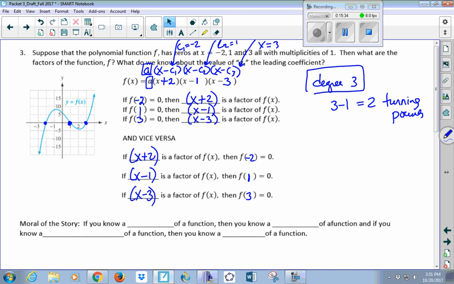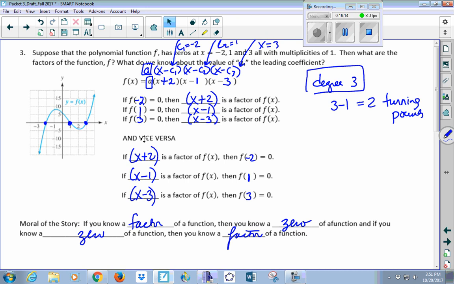So remember, this section was called dividing polynomials and the factor theorem. Here's some factors. So where is this all leading? Well, the moral of the story is, if you know a factor of a function, then you know a 0 of a function. If you know a factor, you know a 0. And if you know a 0 of a function, you know a factor.